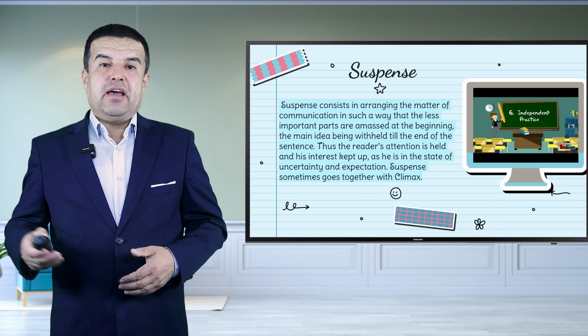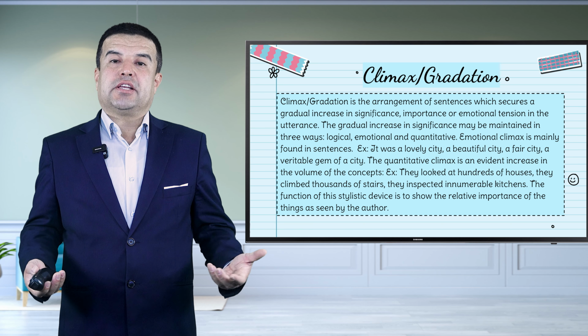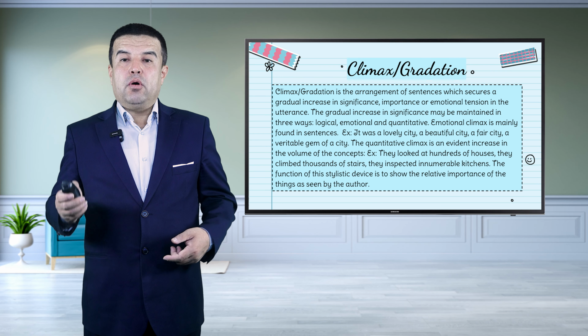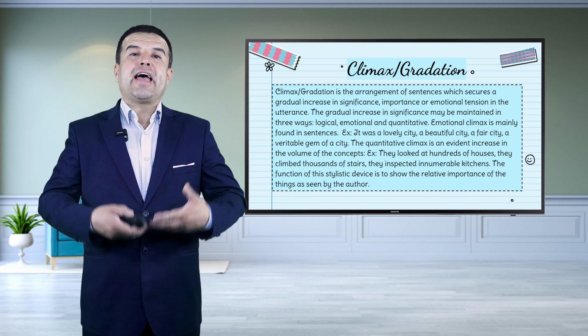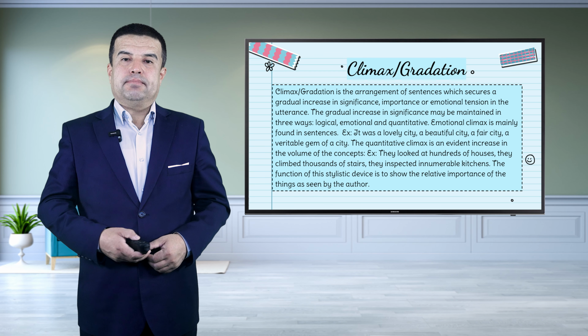Suspense goes together with climax. Climax, or you can say gradation, is an arrangement of the sentence which secures a gradual increase of significance, importance, or emotional tension in the utterance.